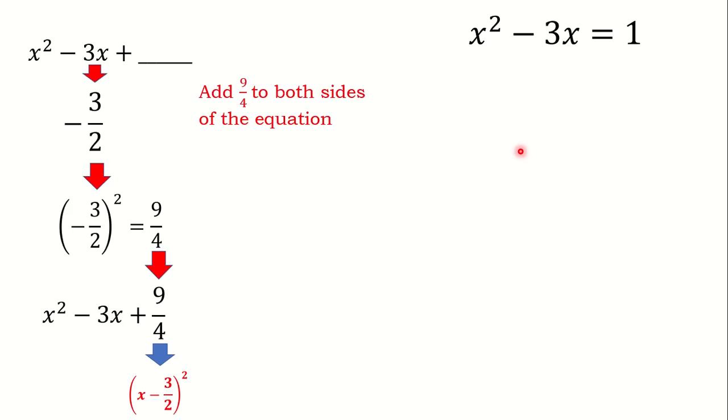Okay. So, balik tayo dito sa equation natin. Since nakuha natin is 9 over 4, so dadagdagan natin ang bawat equation, yung both equation, ng 9 over 4. So, magiging x squared minus 3x plus 9 over 4 is equal to 1 plus 9 over 4.